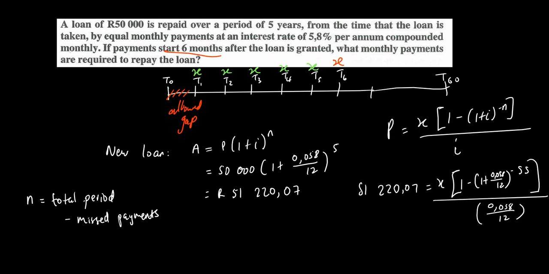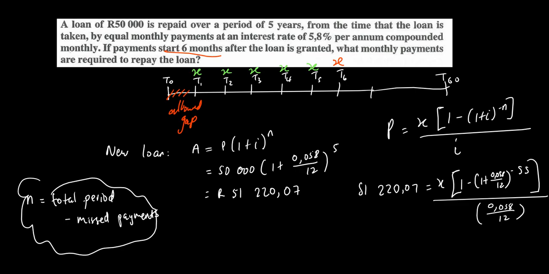If you can just remember this, you'll be okay. Those missed payments, we count them as being paid but not being paid at the same time. Okay? I hope that is fine. Yeah, that is it, guys.